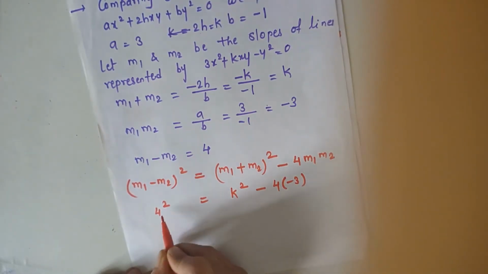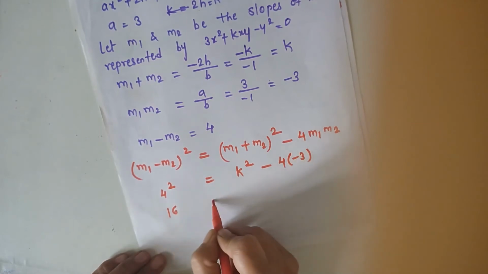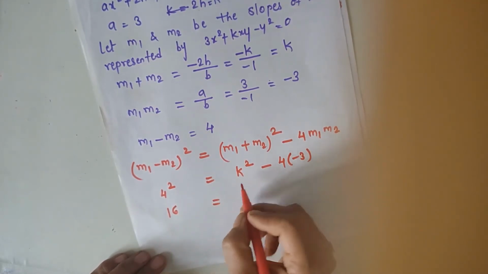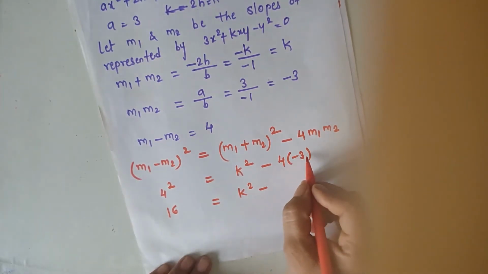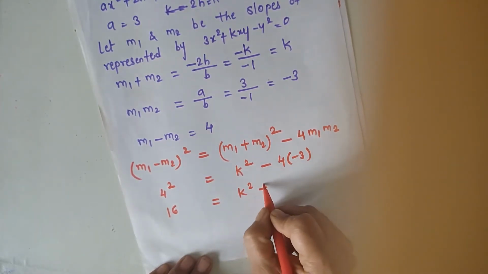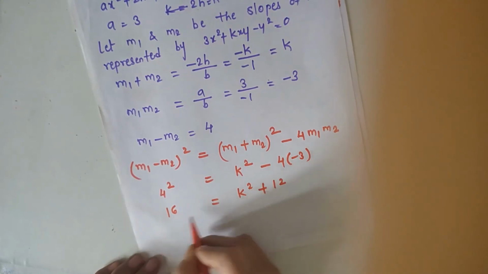Then we get 4 square, 16, is equal to k square minus 4 into minus 3, plus 12.